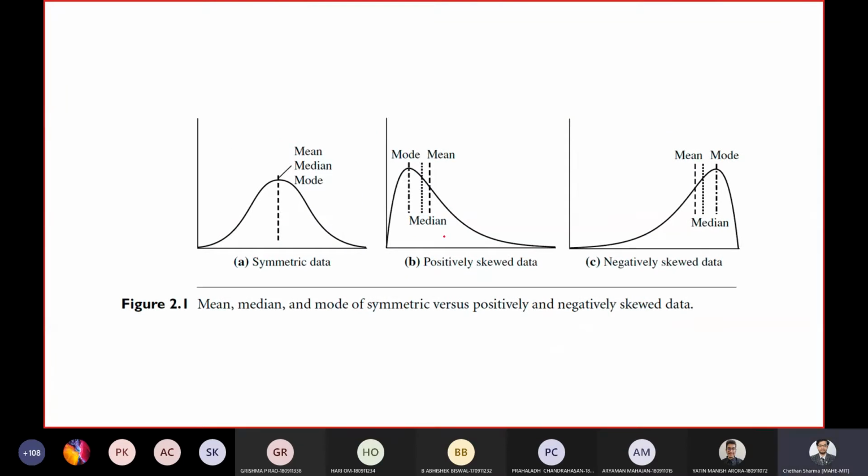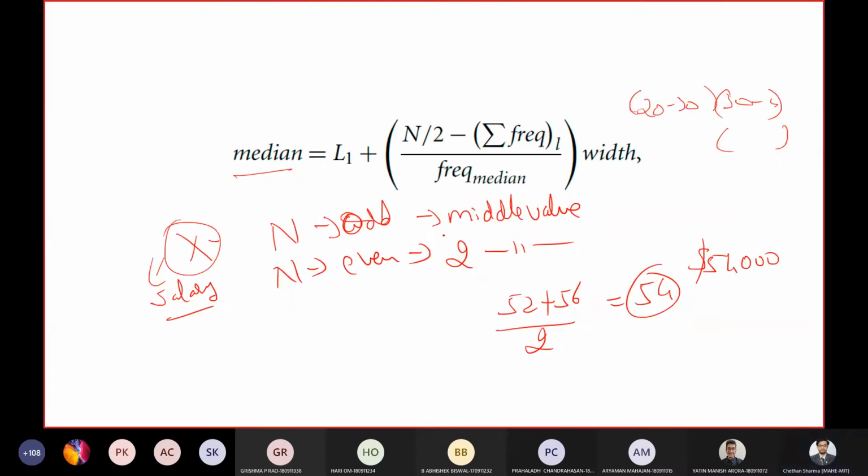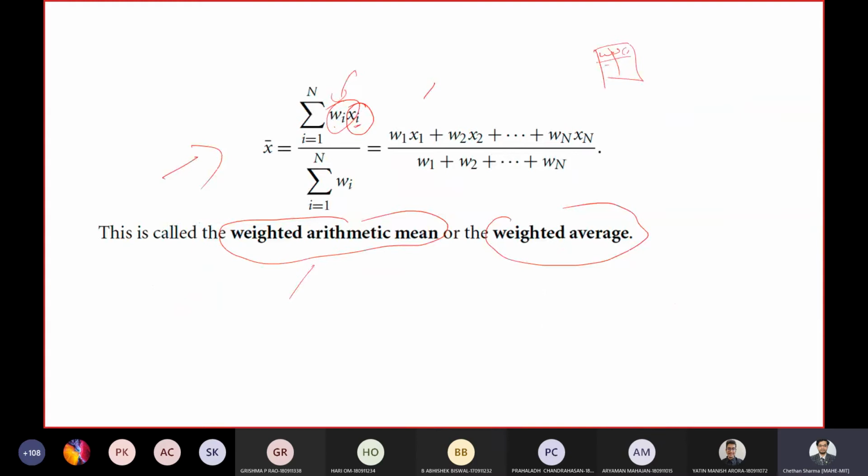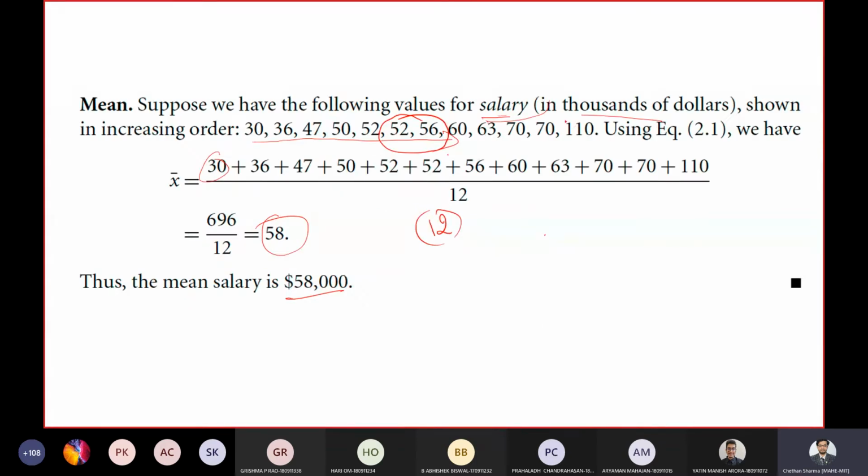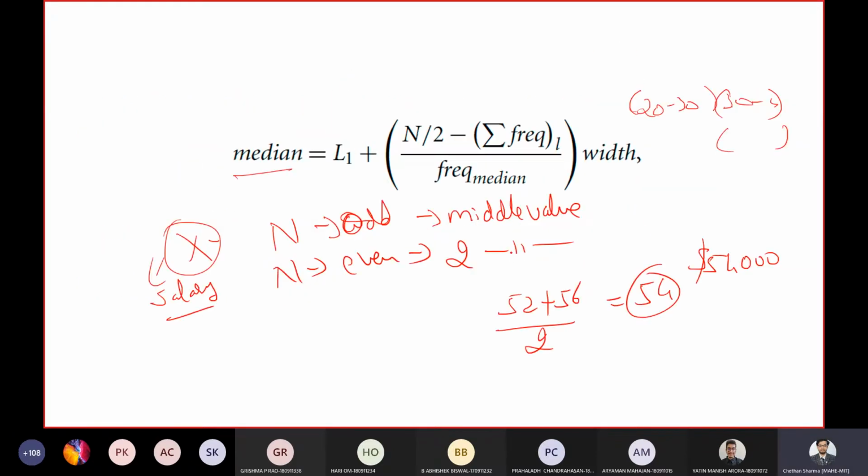So suppose you remove this last element, 110. There are 11 observations now. So as per this information, you have to take the middle value.